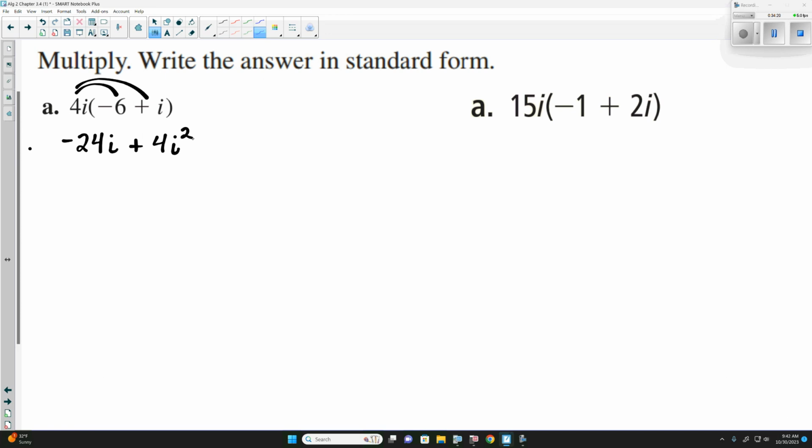Now again, we can't leave i to an exponent other than 1. What is i squared? It is negative 1. Out of all of them to know, I think i squared being negative 1 is a good one to have off the top of your head, because it's the one that occurs most often.